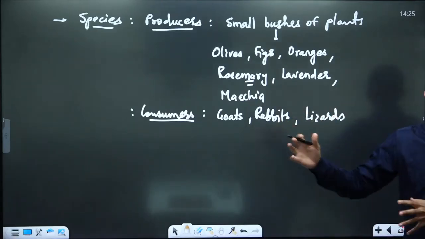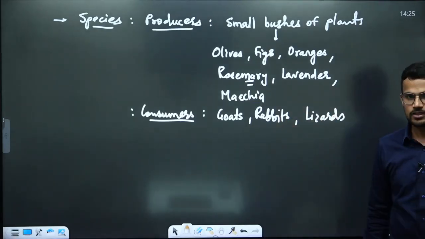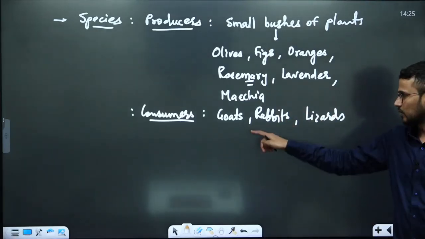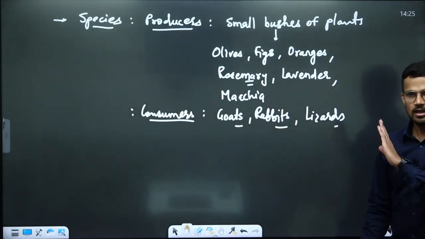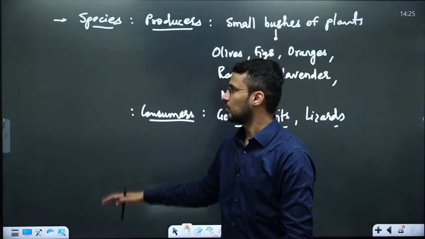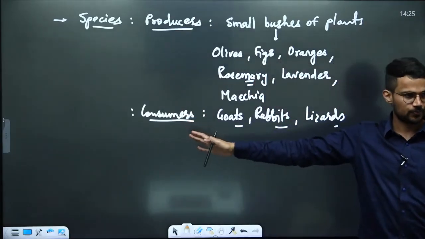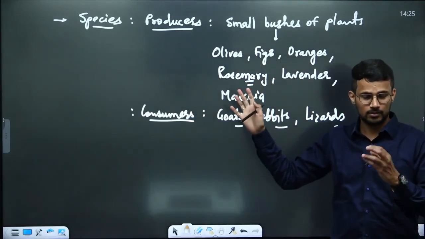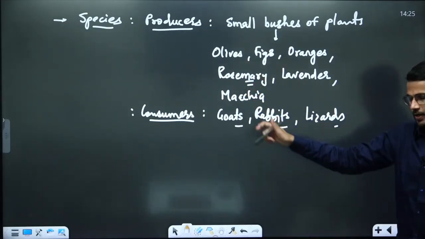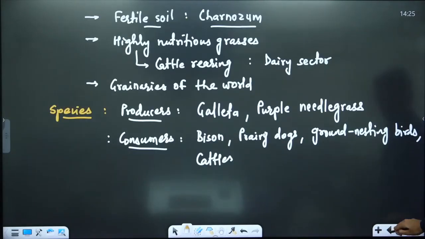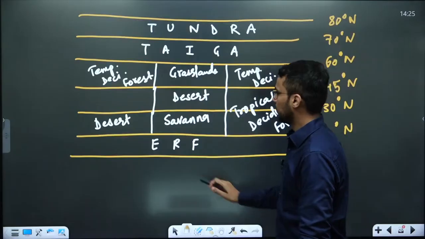Trees are smaller in this particular area, and that's why they won't be able to hide. And that's why we have presence of these kind of animals in this area. Large animals are absent from Mediterranean Sea. Not Mediterranean sea, Mediterranean biome, not sea. Okay, fine. So that is what is a discussion of different biomes.